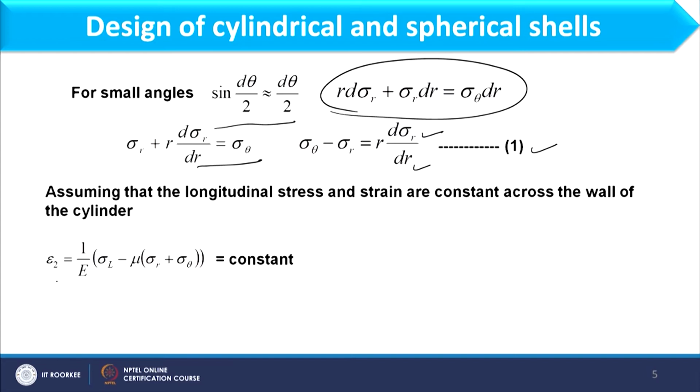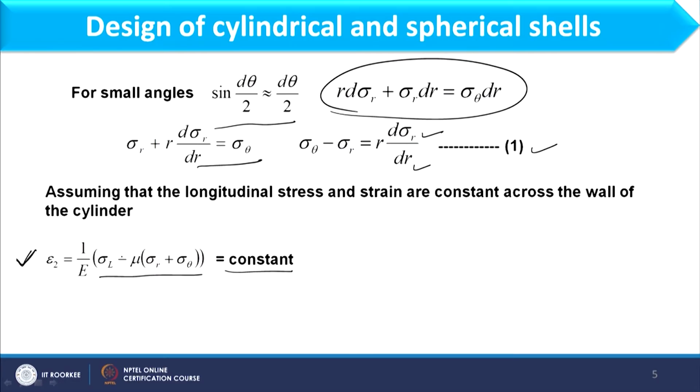Now if you remember the expression of the triaxial system which we discussed in lecture 2 of week 1, that expression we will use over here to define the stress and strain relationship in this system, and that equation is given as mentioned over here, where epsilon 2 is equal to 1 by E, sigma L minus mu into sigma r plus sigma theta, and that will be equal to a constant.